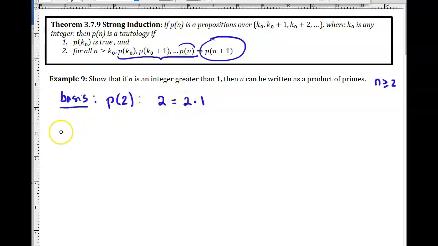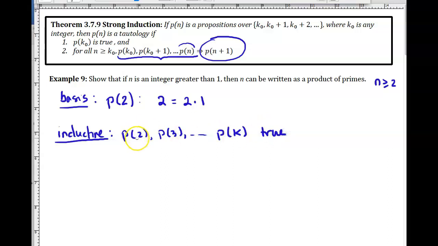All right. Now the inductive step. We're going to assume that all these statements are true: P(2), P(3), up to P(k). So 2 can be written as a product of primes, 3 can be written as a product of primes, 4, 5, 6, 7, 8, all the way to k.